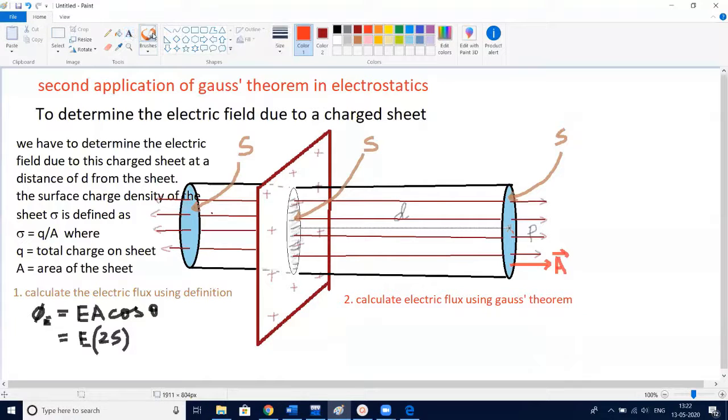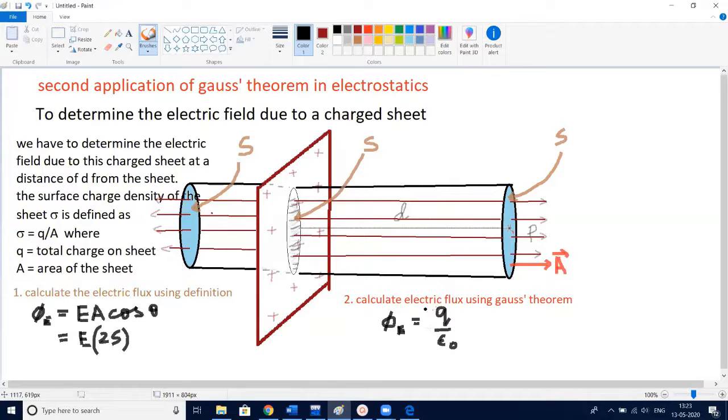What is Gauss's theorem? Gauss's theorem is phi E equal to Q by epsilon naught, where Q is the enclosed charge.